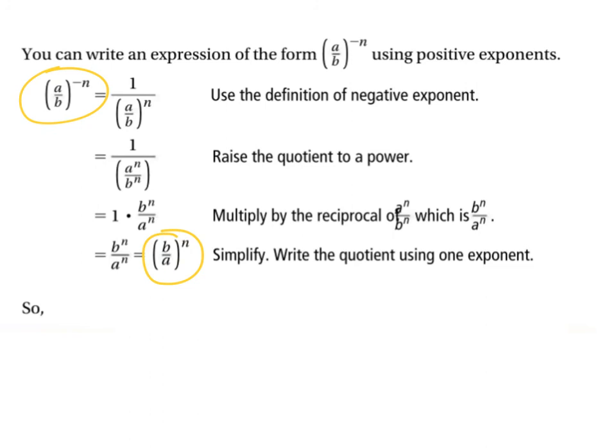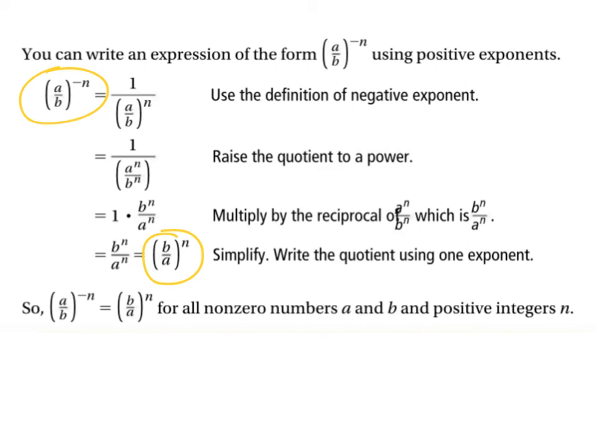And what results? You get rid of the negative from here, and you end up with the reciprocal of the base. And here's the big so what? So what's the rule? a over b to the negative n is the same as b over a to the positive n, for all non-zero numbers a and b, can't be using zeros on the bases, and positive integers n.